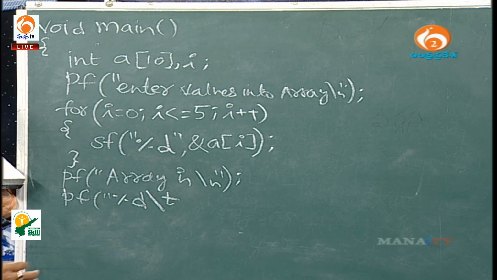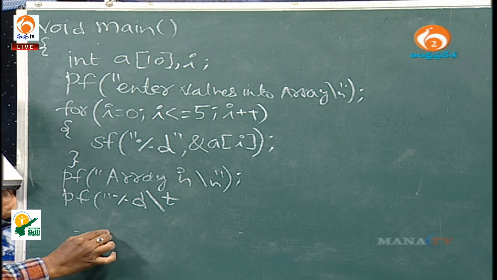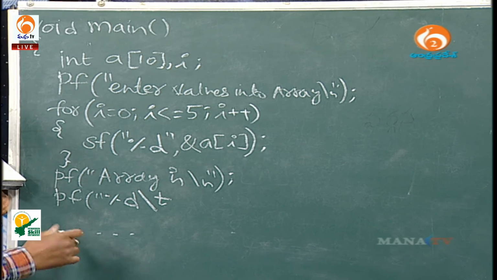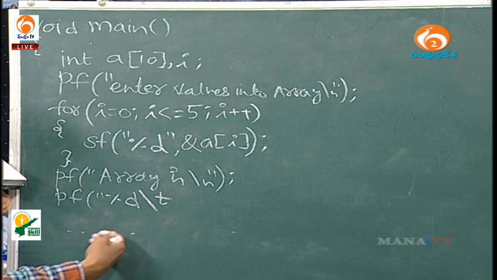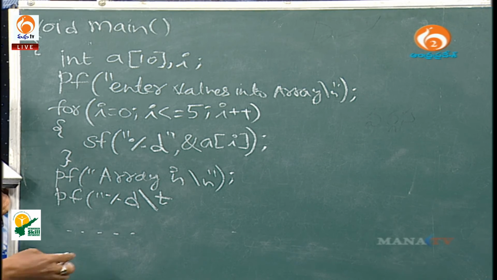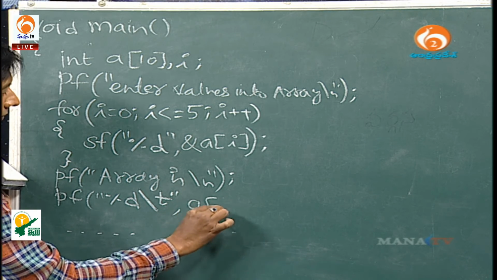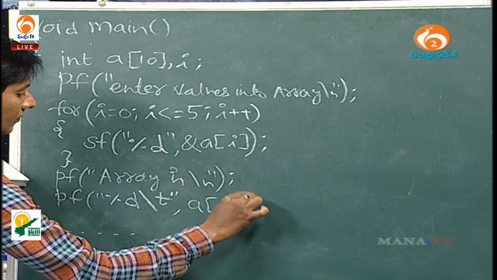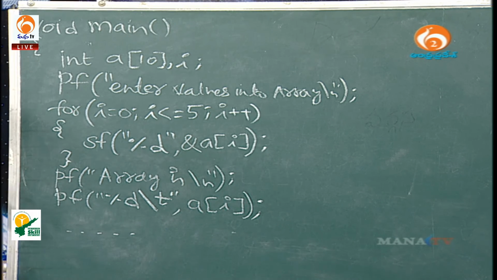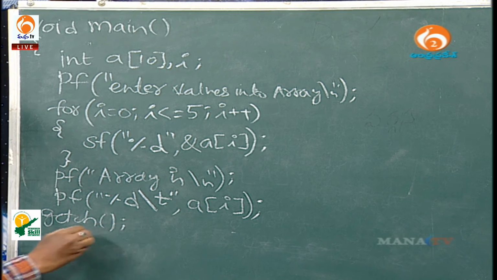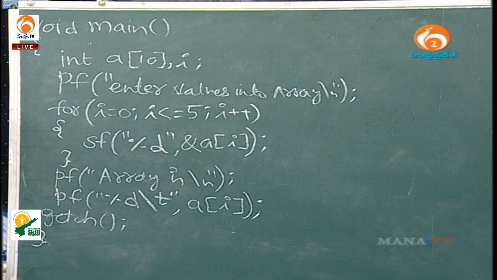T gives 5 spaces for each printing on the screen. It gives the space up to 5 spaces. A of I. That is it. Getch, end of the program.